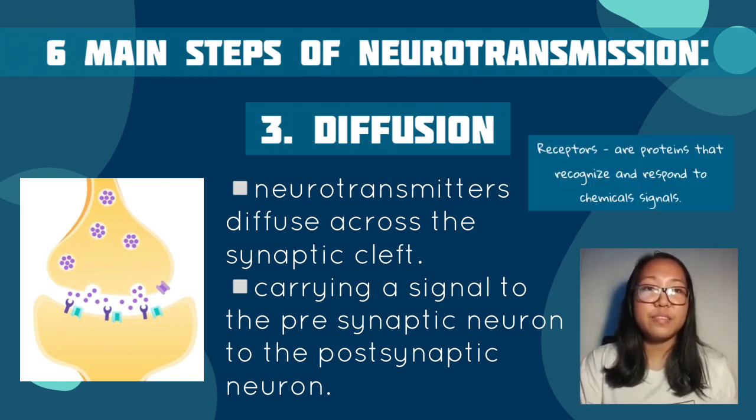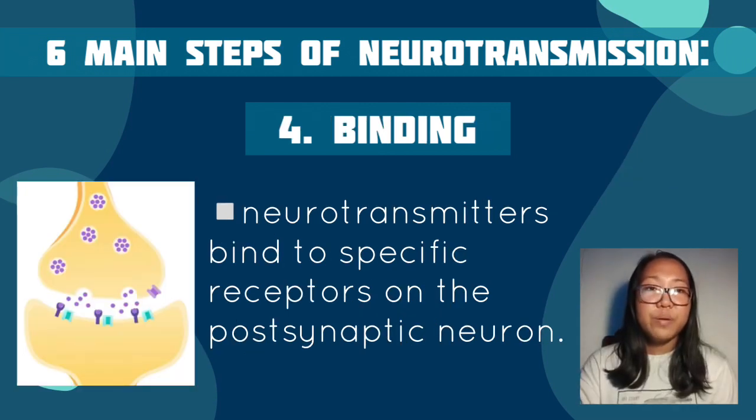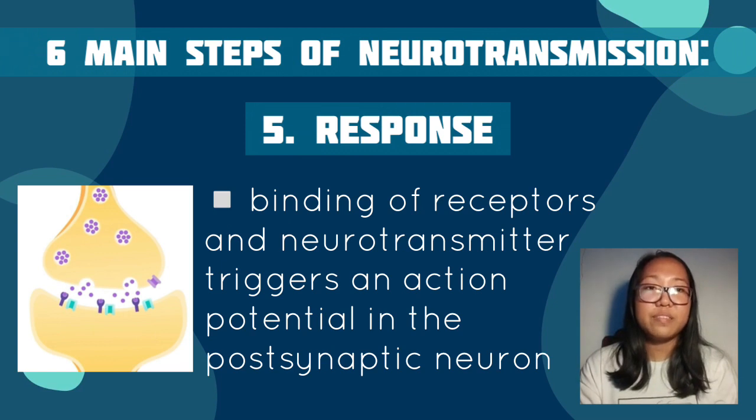Receptors are proteins that recognize and respond to chemical signals. Number 4. Binding. Neurotransmitters bind to specific receptors on the postsynaptic neuron. Number 5, response. Binding of receptors and neurotransmitter triggers an action potential in the postsynaptic neuron.